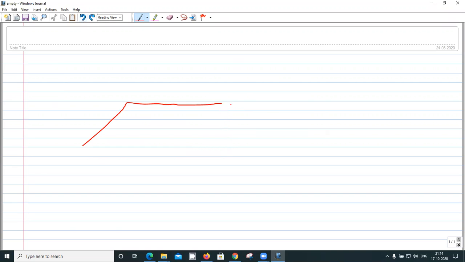Slowing down will usually be steeper. This is a general trend.